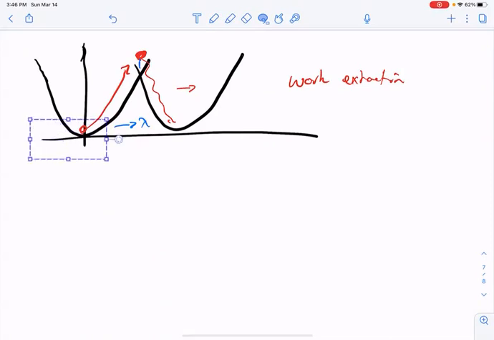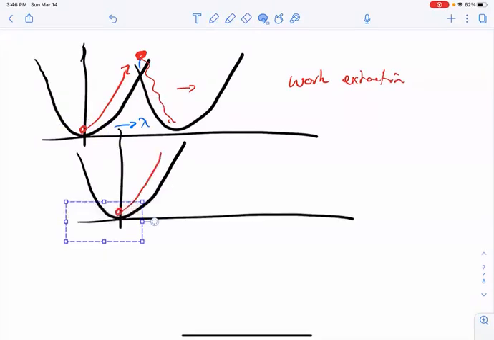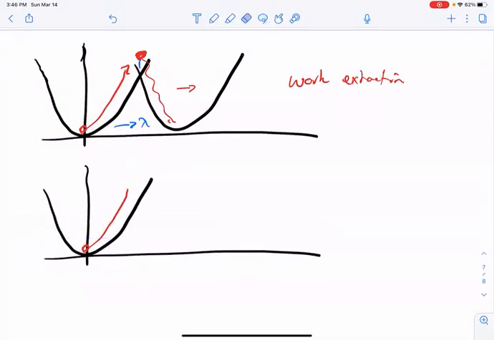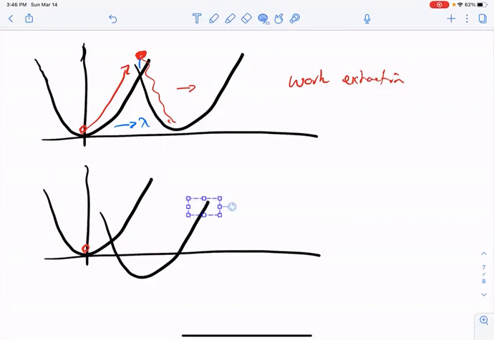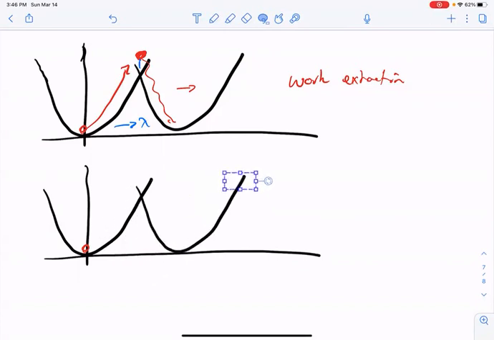Much, much more likely is that the particle stays near the bottom of the potential, and when I perturb it, now I have increased its energy, made that particle very, very high in energy, and thus have done work on it.